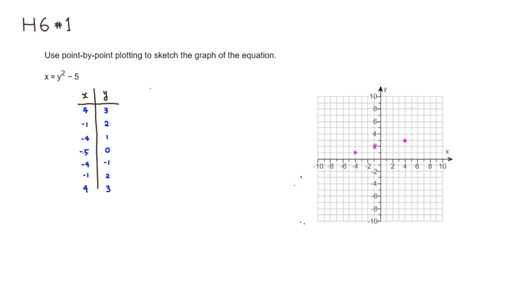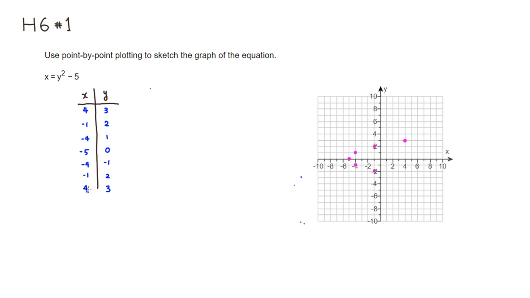Alright, negative 5, 0. So x is negative 5 and y is 0. So it's going to be there. Alright, and negative 4, negative 1. So x is negative 4, y is negative 1. So it's right there. And negative 1, negative 2, so it's right there.